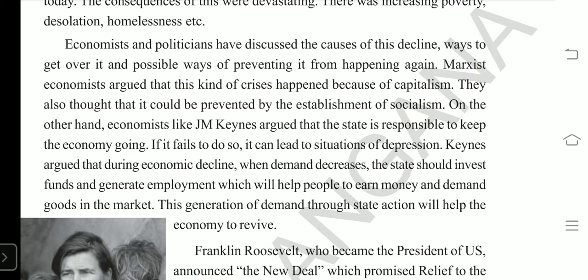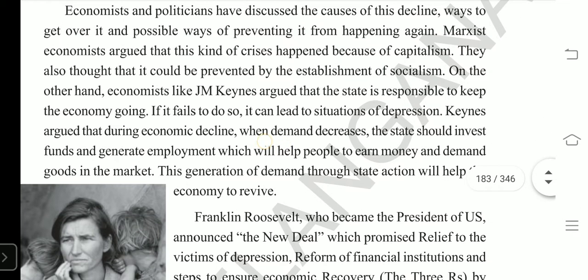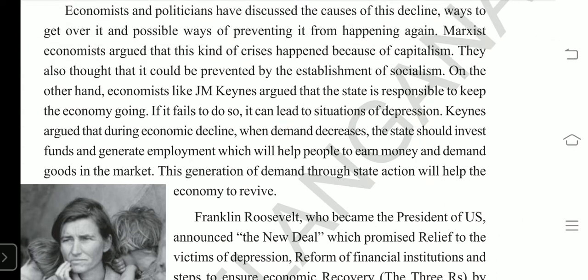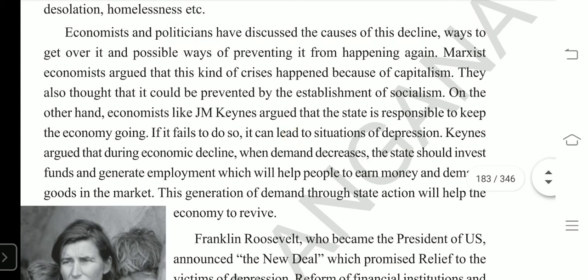In ninth class, we have studied two types of economic system: the capitalist economic system and the socialistic economic system. In the socialistic economic system, there will be preference to public welfare, right? In capitalism, there will be preference to profit maximization, right? So this is the view of the Marxist economists.